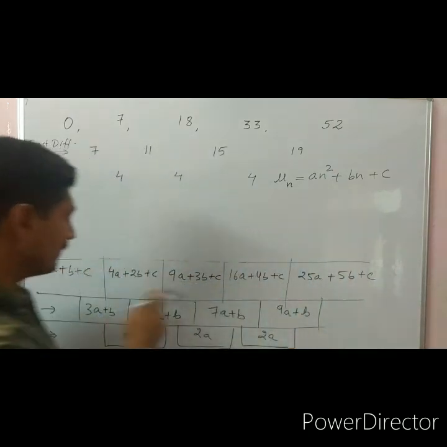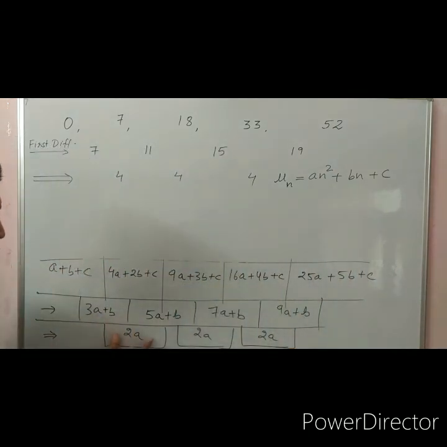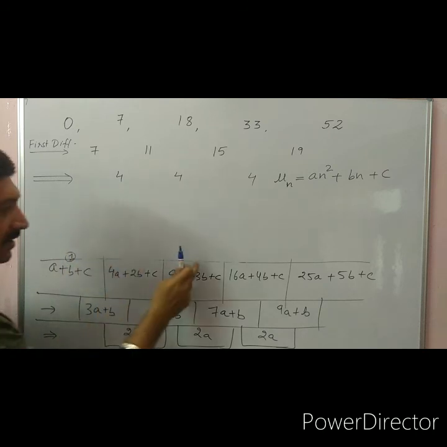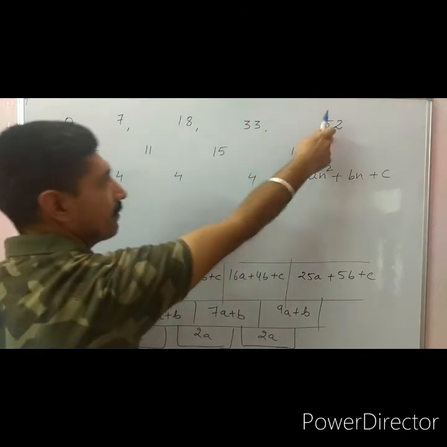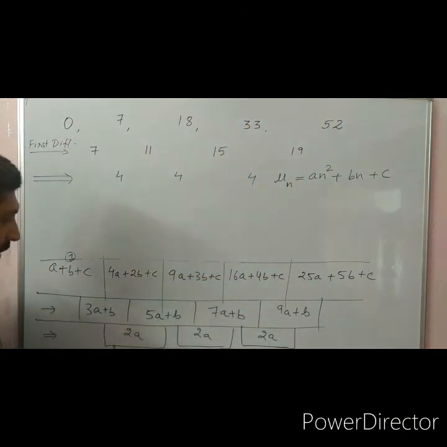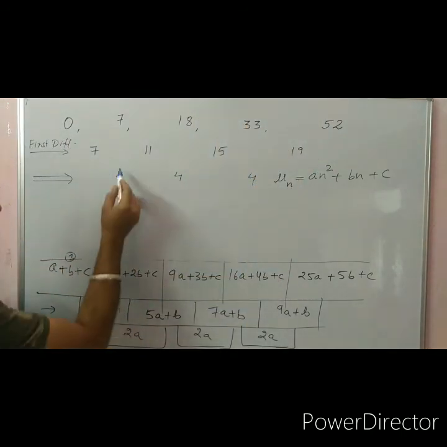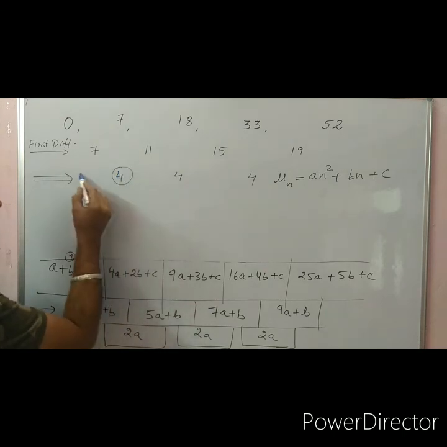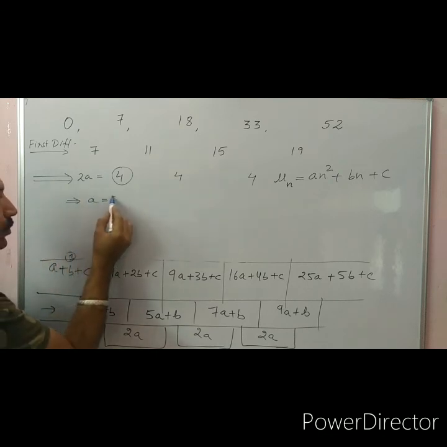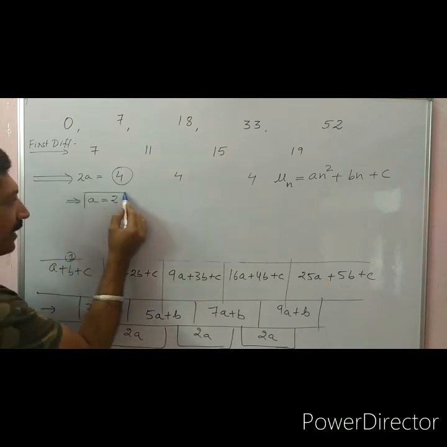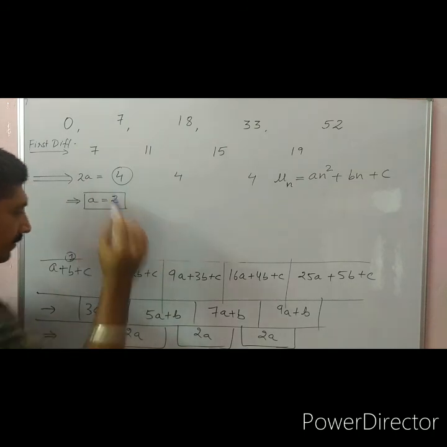How to find the values of these a, b, c? Here, we have already discussed first term, second term, third term, fourth term and fifth term. So here 2a is equal to 4. This further implies that a is equal to 2. So the value of a is 2 here.